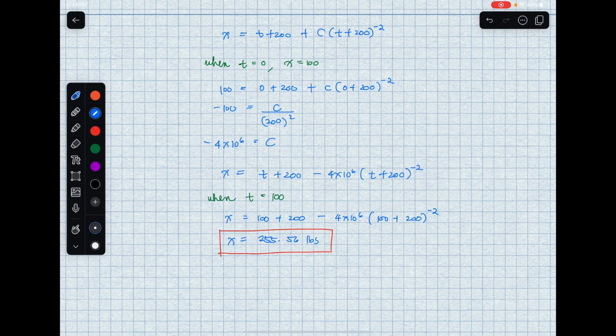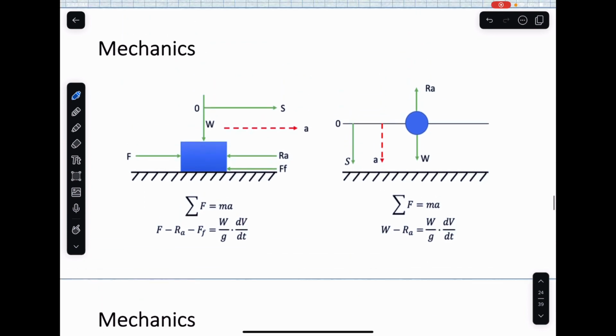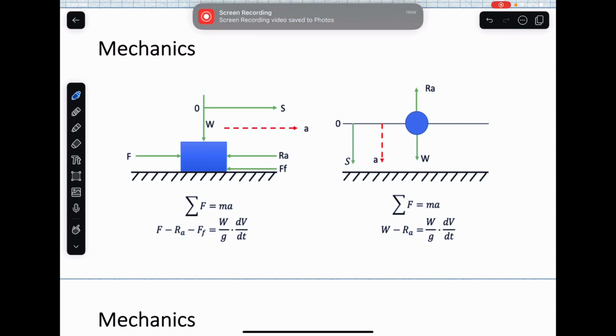Okay, so let's proceed with mechanics. For mechanics problems, we just follow Newton's second law, which states that the summation of forces, whether horizontal or vertical, is equal to the mass times the acceleration. Usually for horizontal forces, we are given a certain body and a force.